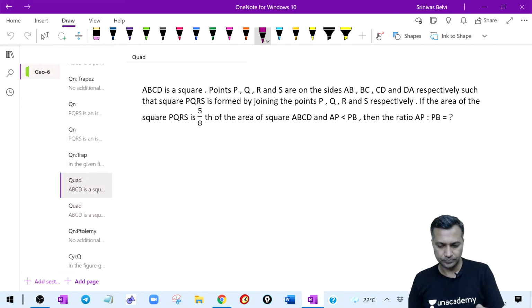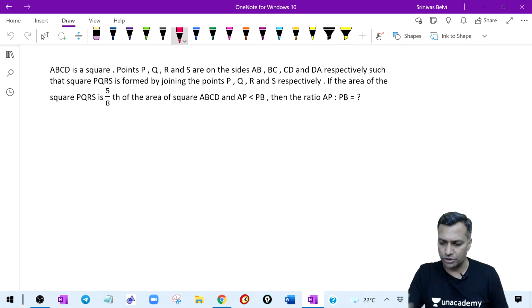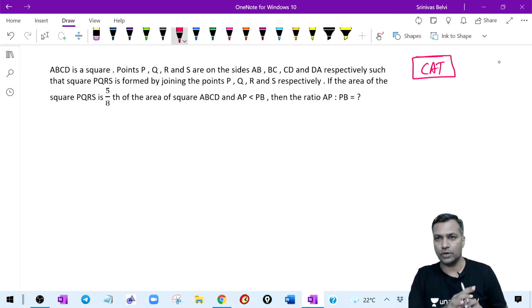Another beautiful CAT question as it is. This is a CAT question word to word, letter to letter, as it is. Go ahead. Another beautiful CAT question on quadrilaterals.